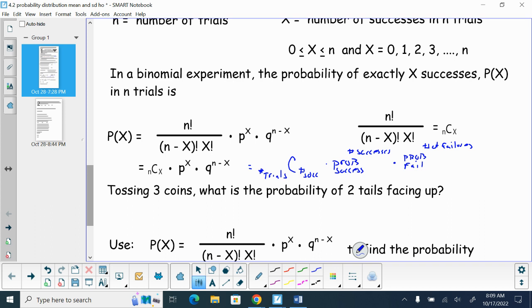So you have probability of success to the number of successes times the probability of failure to the number of failures.